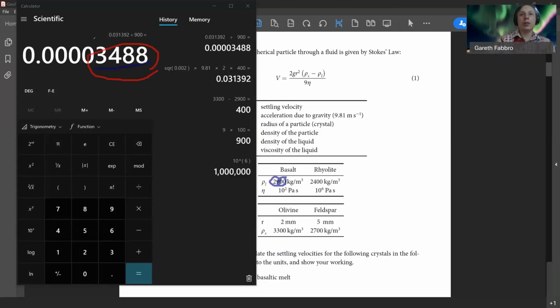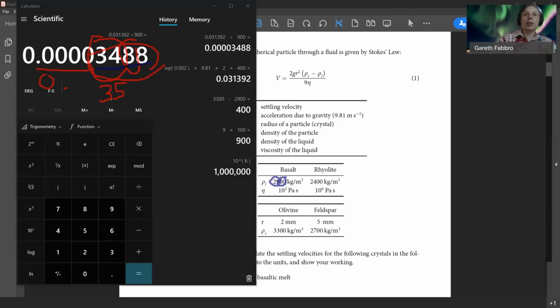You just want the first 2, the 3 and the 4. And so you would round it up because this 8 is more than halfway to 5. So you would write this as 3.5, with all the zeros.